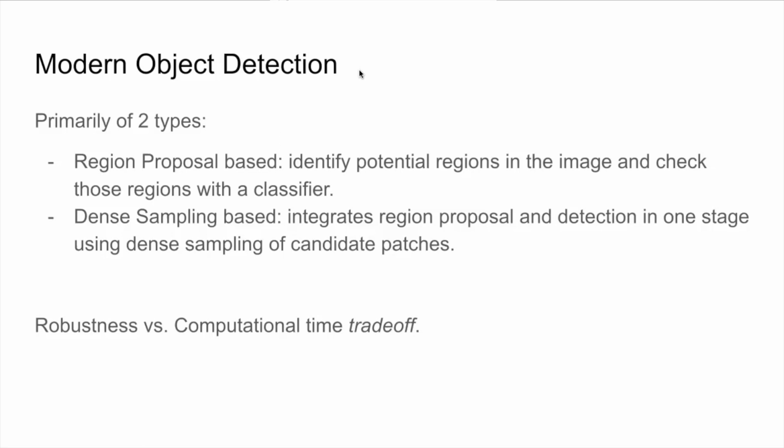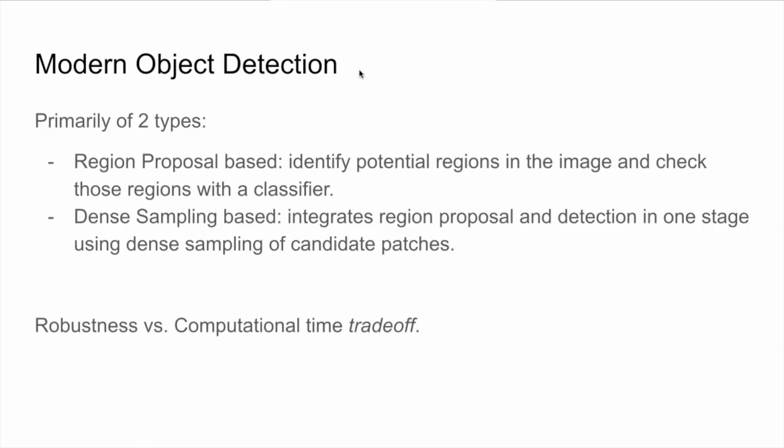After you figure out the region where the object might lie, the next thing is to identify what that object is. So it's a two-step process. One is finding which areas of an image could hold an object, and second is what that object is.